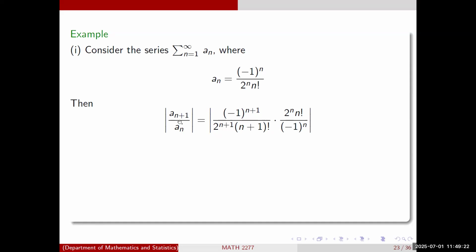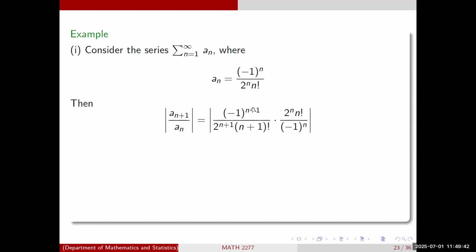If you divide by something, that's the same thing as multiplying by its reciprocal. So if we divide by a_n, that's the same as multiplying by a_n flipped.